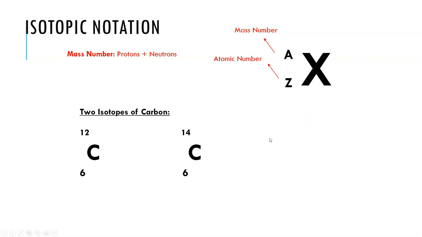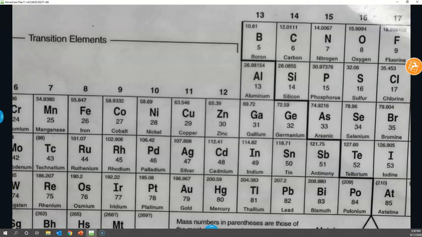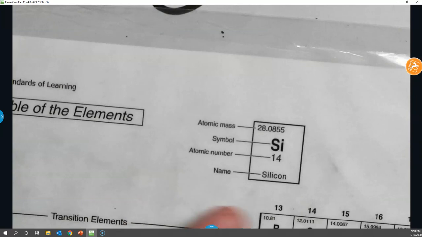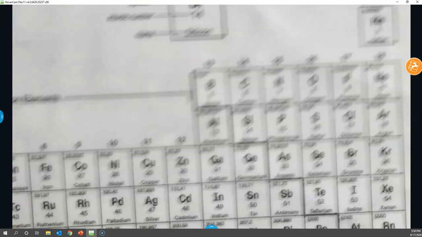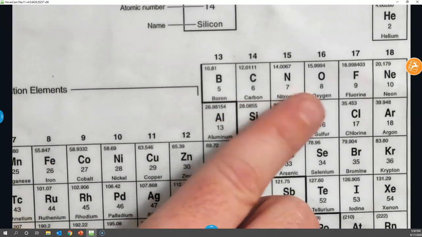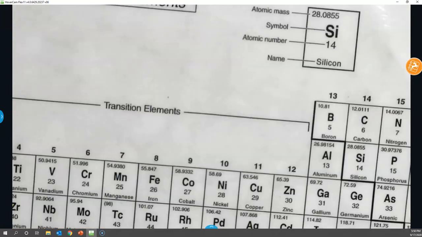The Z is known as the atomic number, and the atomic number corresponds to the number of protons in the nucleus. Now the significance of this, again, if we turn back to our periodic table, the atomic number, according to the key, is this number below the symbol. Every element has its own unique atomic number.